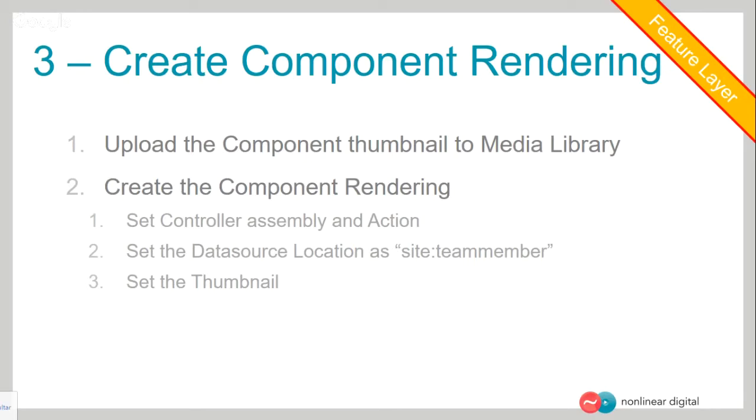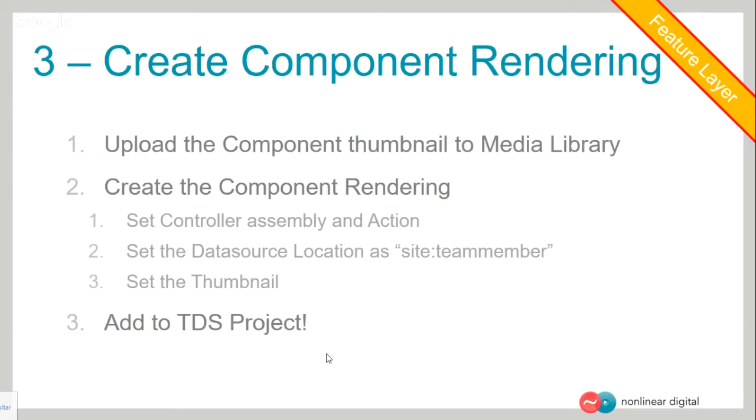Instead of setting the data source location directly on the component, we have a helper that lets us determine different locations for different sites. So you can have one site with the component pointing to one place, and a second site pointing to a second place. It makes things more extensible and flexible. We'll set the thumbnail and of course add to the TDS project.